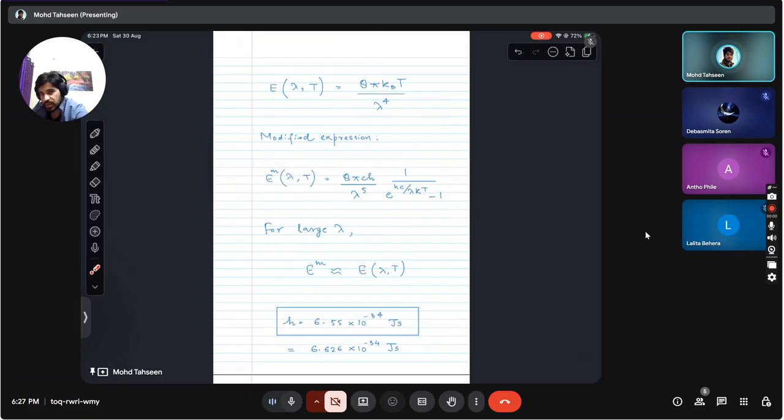Once he redid all the calculations, following the same footsteps as Rayleigh-Jeans but with this particular assumption, he came up with a modified expression for E of lambda, T, which is now the spectral radiance, with the wavelength lambda.